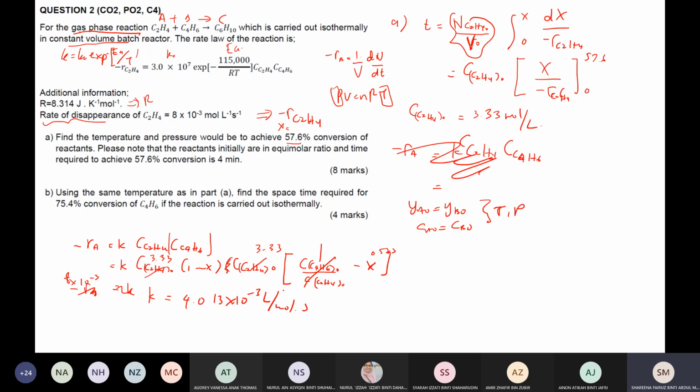Okay, so you dapat yang nilai ni, you can get what is P dengan T lah. So nak dapatkan T using this one, tengok pada Arrhenius equation. K is equals to A e to the negative E over RT. So this is around K dah diberi here, just put here K. And then this one is A ataupun K naught.